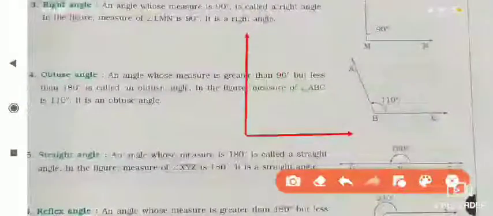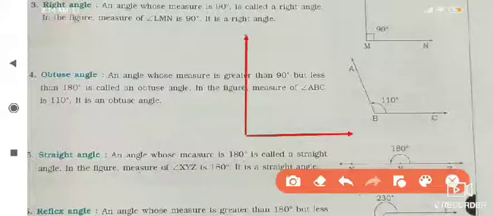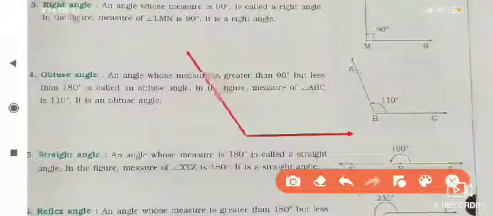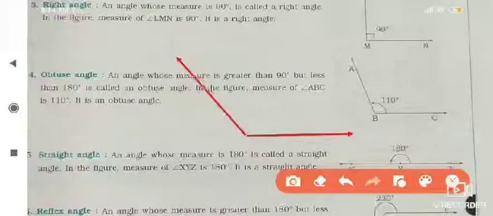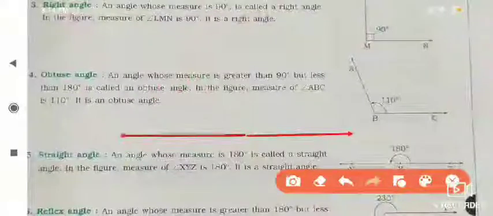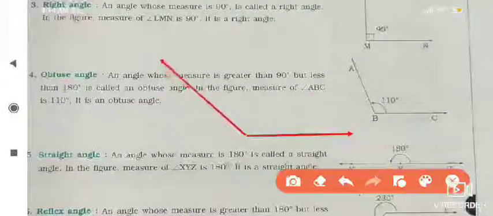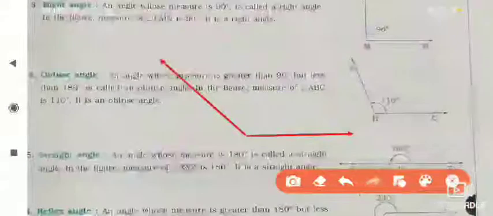This is a right angle, its measure is exactly 90. But for an obtuse angle, its measure is more than 90 and less than 180. This is 180, but anywhere you take in between is our obtuse angle.